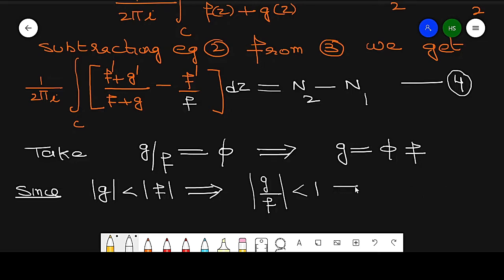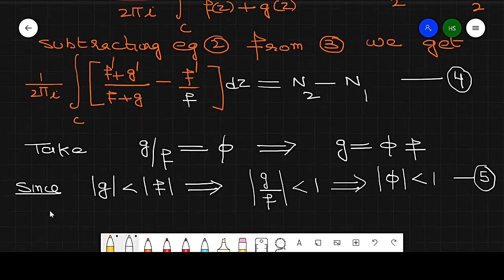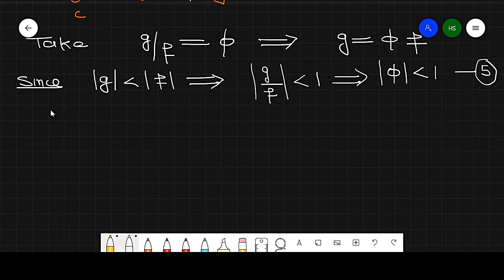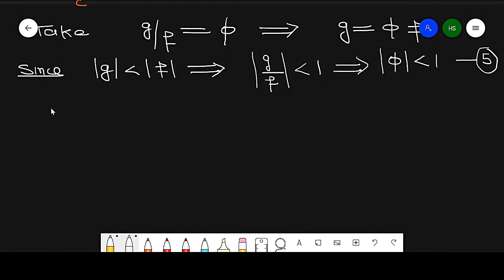So what we get from this is modulus of phi less than 1, which is equation number 5. So here we write the function phi, modulus of phi less than 1.